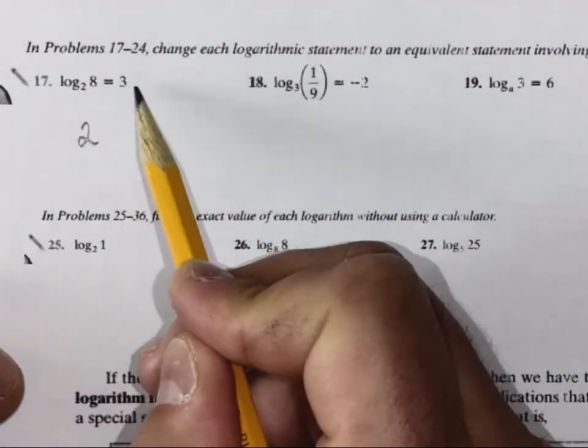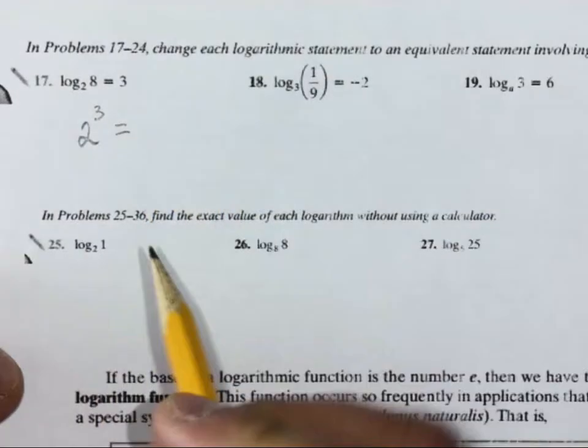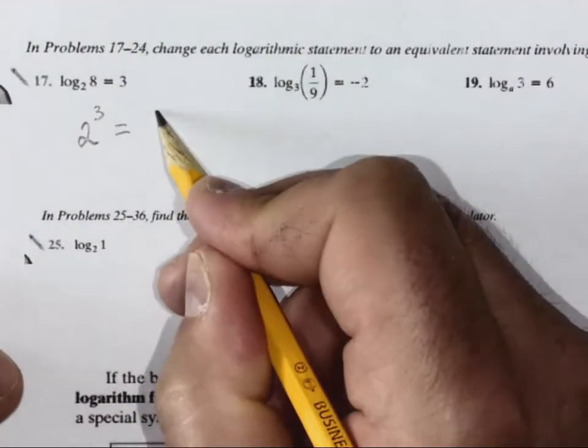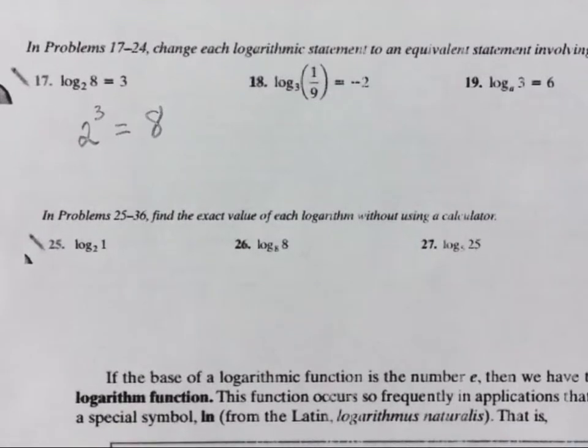The logarithm is equal to the exponent, and that should be equal to what I'm taking the log of. So log base 2 of 8 equals 3 is equivalent in exponential form to 2 to the third equals 8. And you should be able to actually check that and make sure that's equivalent. So 2 to the third power is indeed equal to 8.